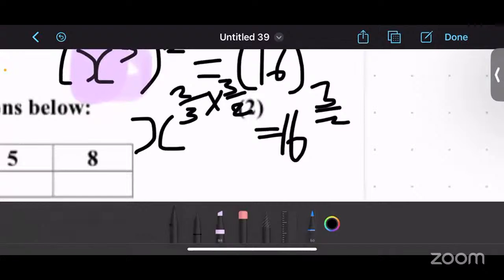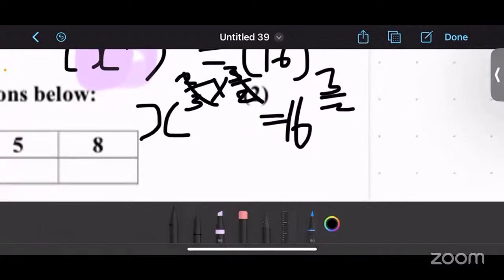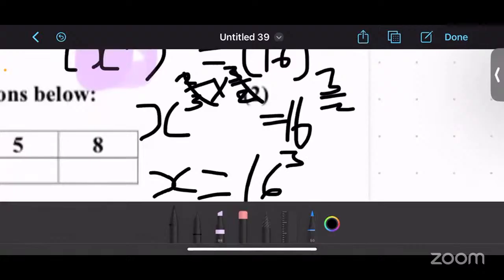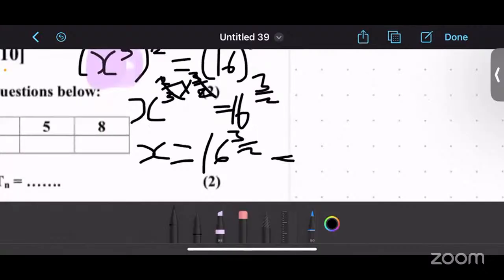And what do I have? This will cancel that. x is equal to 16 to the power of 3 over 2. What is 16 to the power of 3 over 2? It's the same as 16 to the power of 1.5.